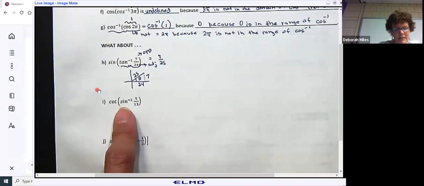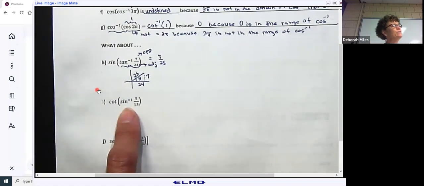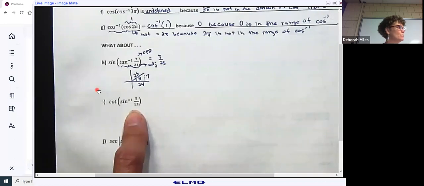Can I squint really hard and tell you an angle whose sine is 5/13? That's not one of the angles I have memorized on the unit circle. So I can't tell you what that angle is, but I can draw a picture of it and tell you what quadrant it's in.